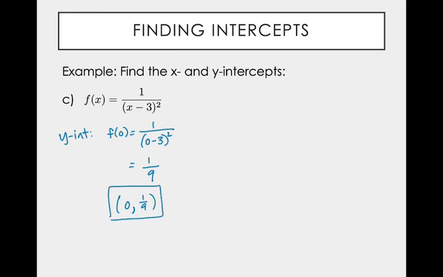Then for my x-intercept, because I see it's a rational function and I know I've got a shortcut, I set my top equal to 0. The numerator of this function is just 1. That doesn't look like it makes sense, right? 1 equal to 0 is an equation that doesn't make any sense.